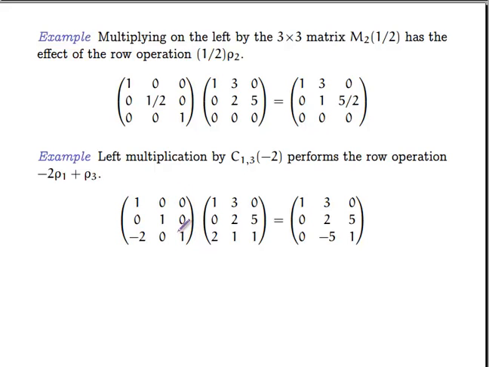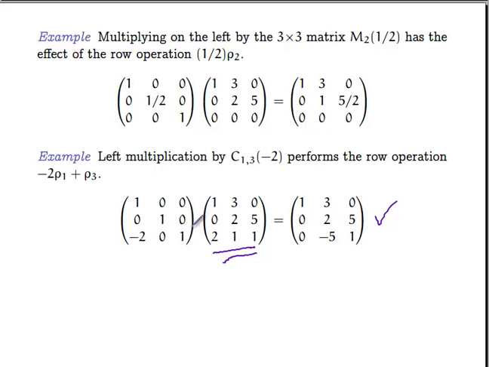Now if I multiply this elementary matrix on the right by any other matrix, the result will be the same row operation performed on this matrix. If you take minus 2 times the first row plus the third row, you'll get minus 2 plus 2 is 0, which is correct. Minus 2 times 3 plus 1 is minus 5, which is correct. And minus 2 times 0 plus 1, which is 1, which is correct.